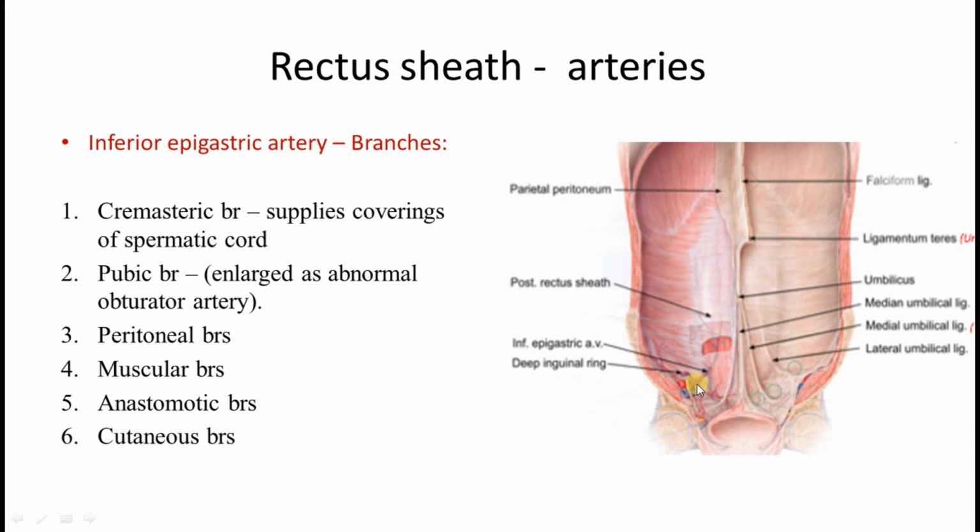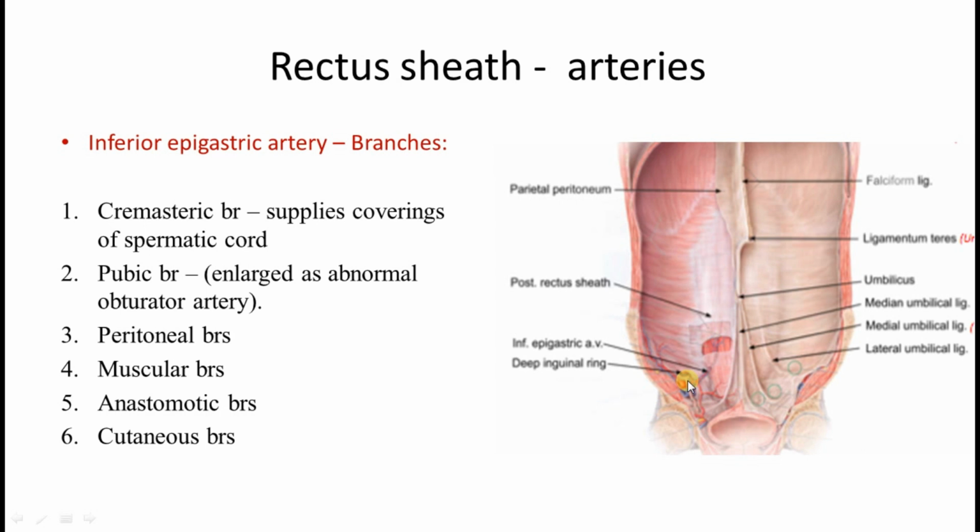Before it enters the rectus sheath, it is present immediately medial to the deep inguinal ring. So it serves as a very important landmark for the surgeon to identify the deep inguinal ring.